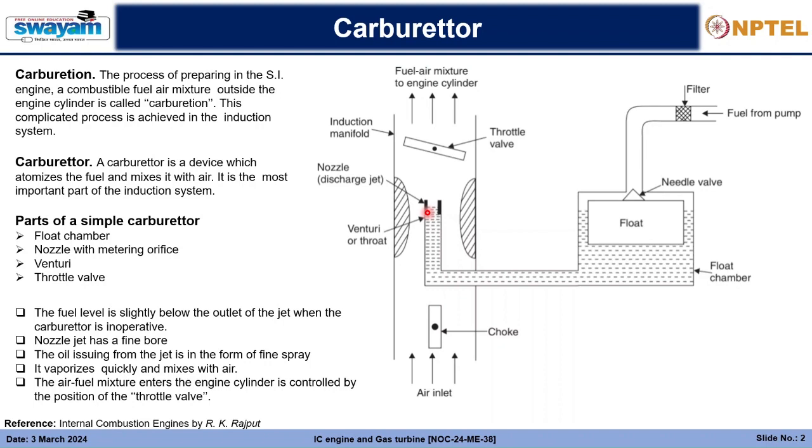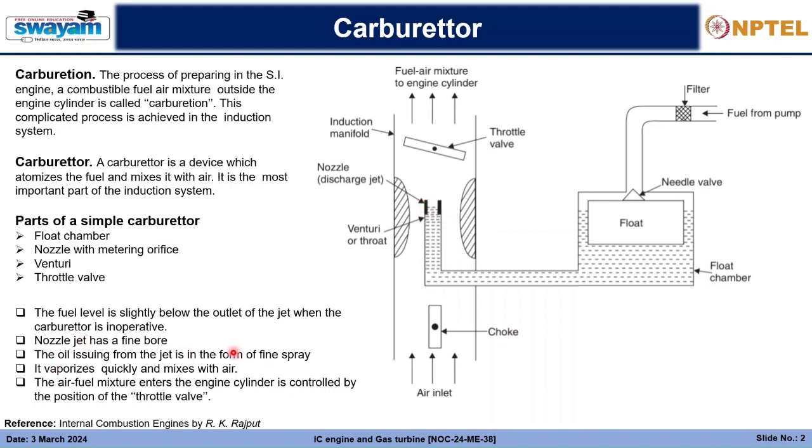That way, it is very easy for the incoming air to evaporate the fuel. And generally, in order to facilitate evaporation, sometimes the inlet manifold is also heated up. That also helps, but primarily it is the bore at the nozzle which makes it possible.